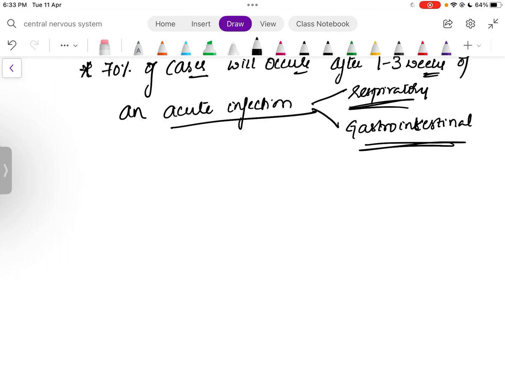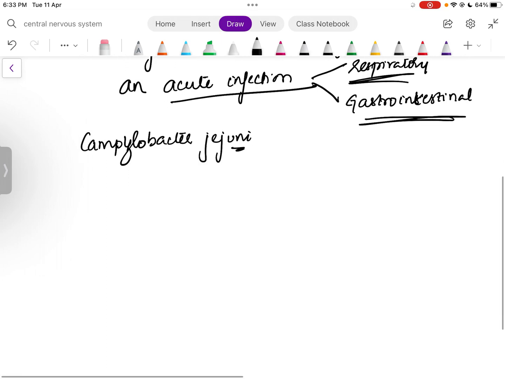Most of the infections are caused by Campylobacter jejuni. This is the most frequent infection which can cause GBS.